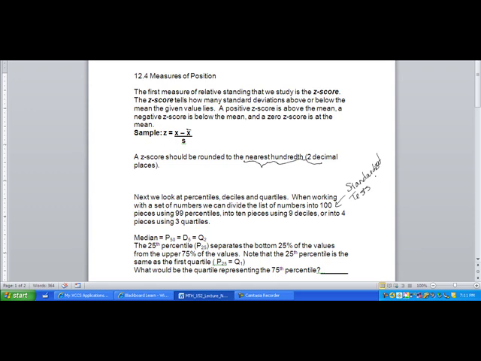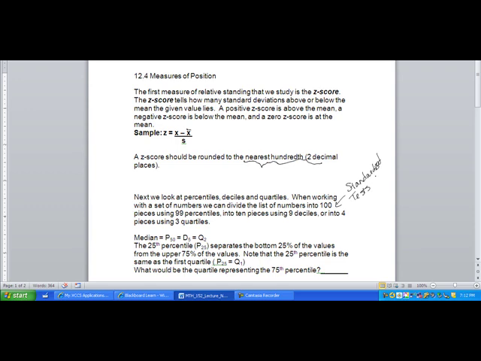It would also mean that 15% of the people scored above you. So that's what the percentiles mean. It doesn't mean that you got 99 out of 100 right in terms of the score. It has to do with how your score compares with other people at the same level.